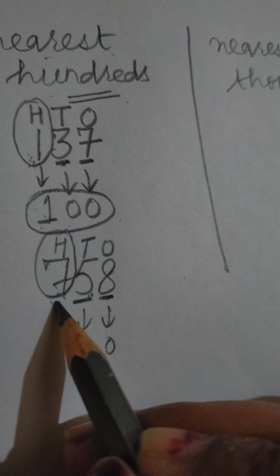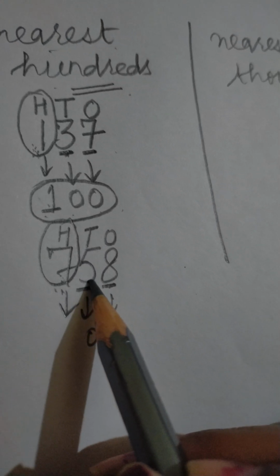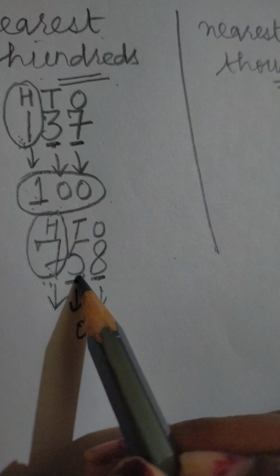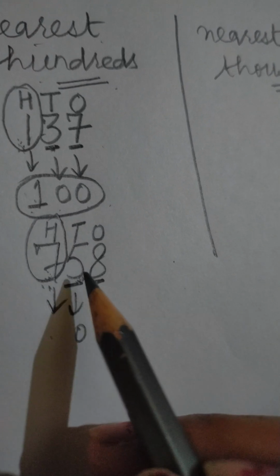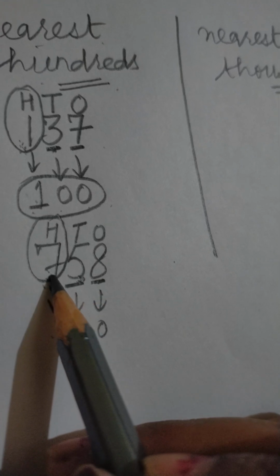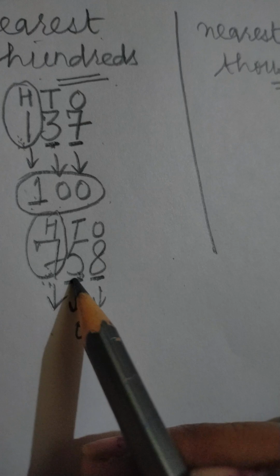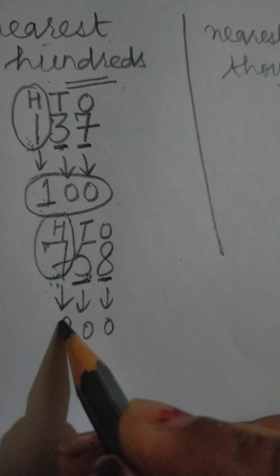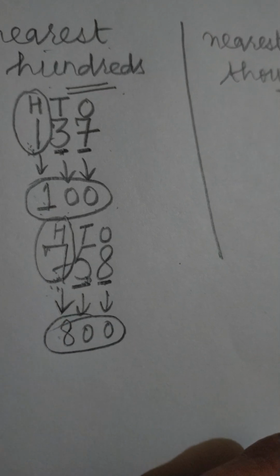So the hundreds place digit will become next. As I already told you, if the tens place digit is 5 or more than 5, the hundreds place digit will become next. If it is less than 5, it will be written as it is. Here the tens place digit is 5, so the hundreds digit becomes the next digit. So the answer is 800.